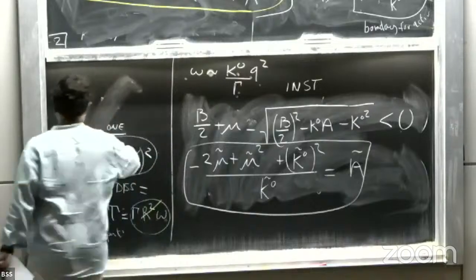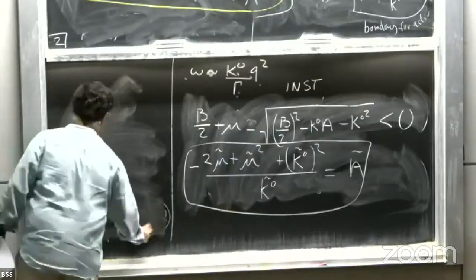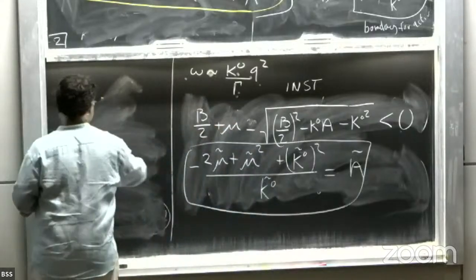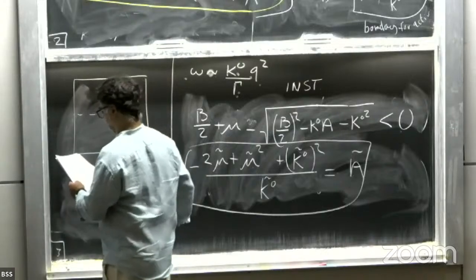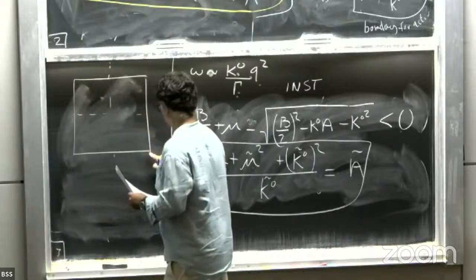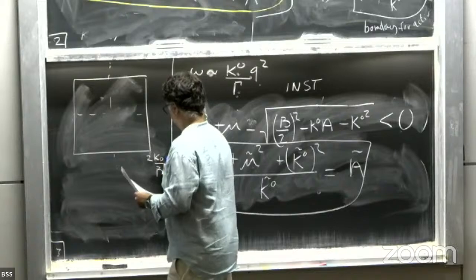So what I can do now, I can actually make a plot that you find in your lecture notes, which is a stability plot that I advertised before. It's a plot that on this axis has 2k naught over b.